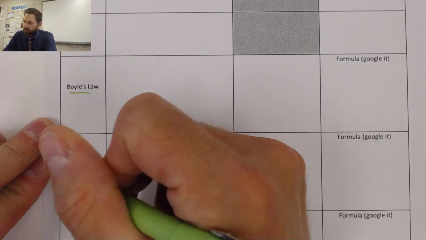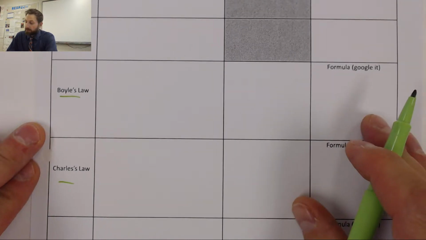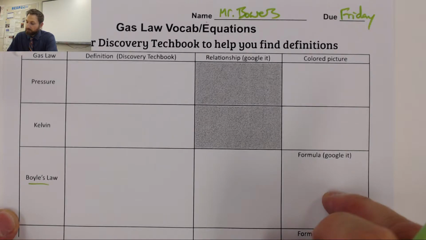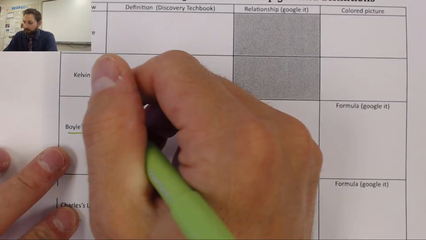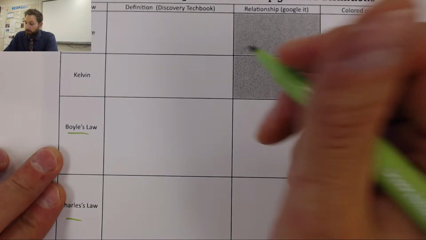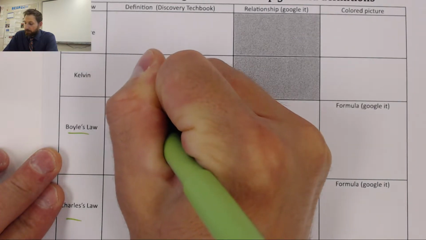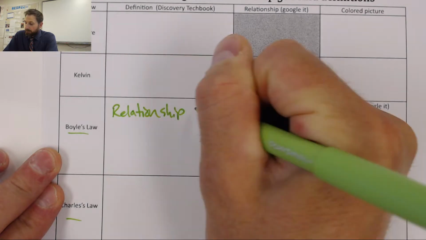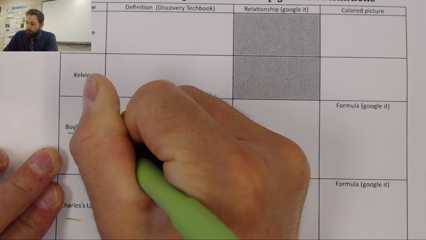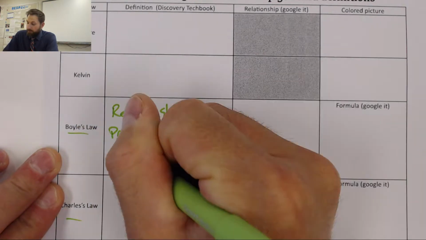For Boyle's law, Charles' law, and Gay-Lussac's law, what I really want to focus on is the relationship as well as the formula. So the definition of Boyle's law, we'll just keep it pretty straightforward. It's just showing the relationship between pressure of a gas and volume of a gas.